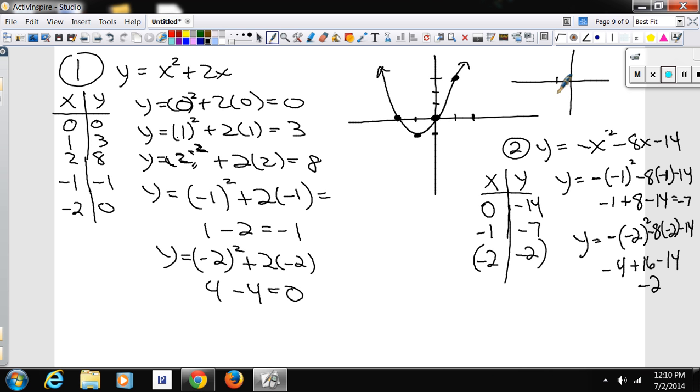Over negative 2, down 2. That's one point that you could graph. Negative 3 you're also going to be able to graph. So negative 3 squared is 9, so we're going to need to put a negative 9. Negative 8 times negative 3 is positive 24 minus 14. So that's going to give you a negative 23, and a positive 24 is going to give you a 1. So negative 3, 1.